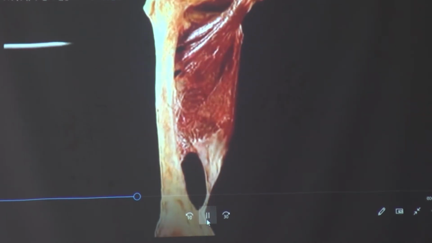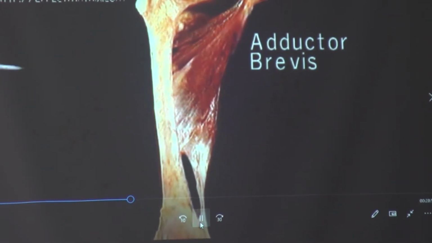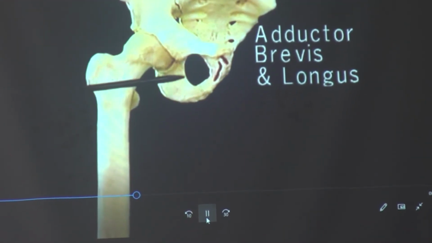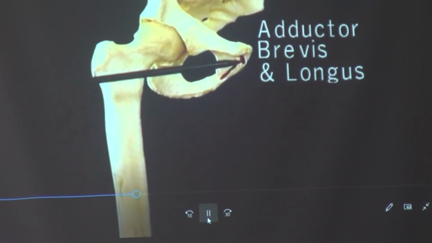So next is the adductor longus and adductor brevis, which is present above the adductor magnus. So that's the adductor brevis, where the origin is from the body of the pubis.